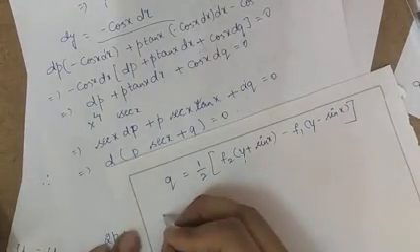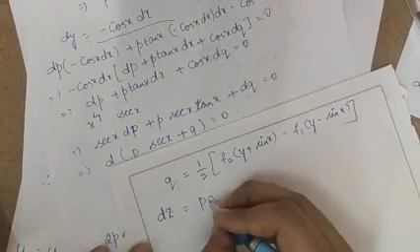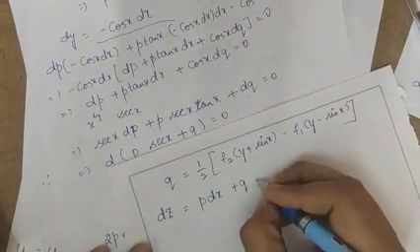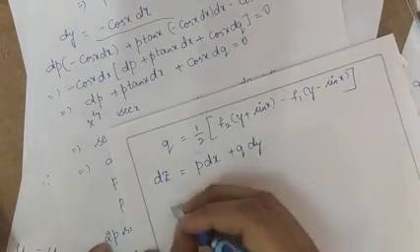So now I know that the complete solution is given by dz is equal to p dx plus q dy. Let's substitute the value of p as well as q now.